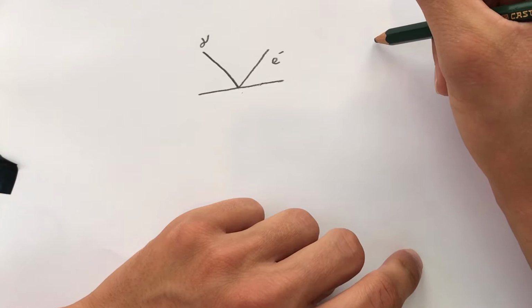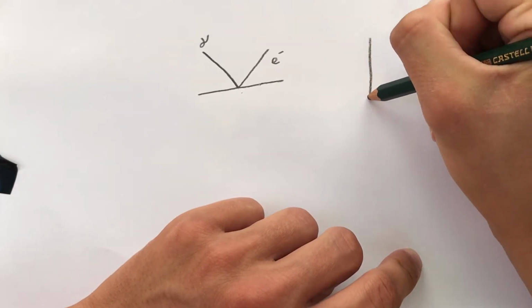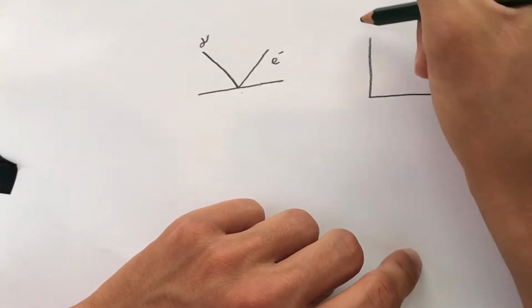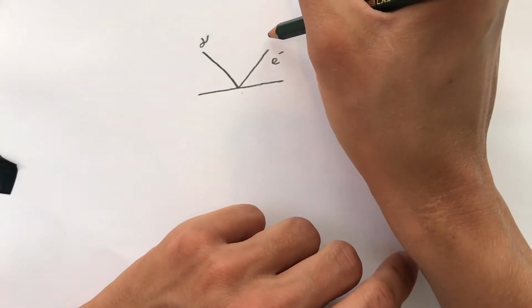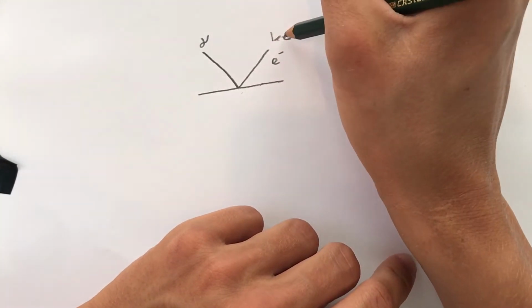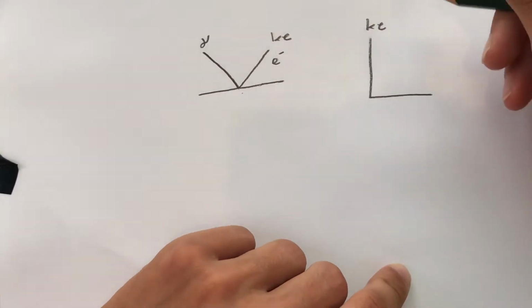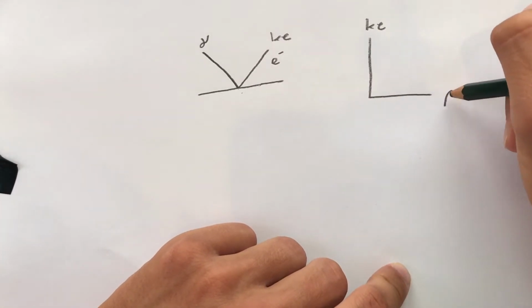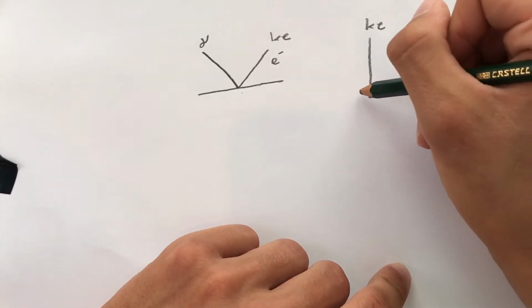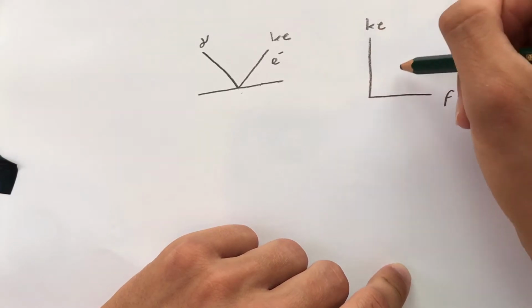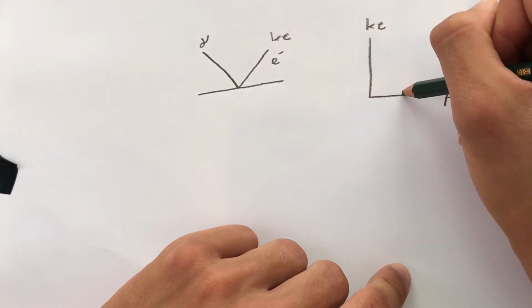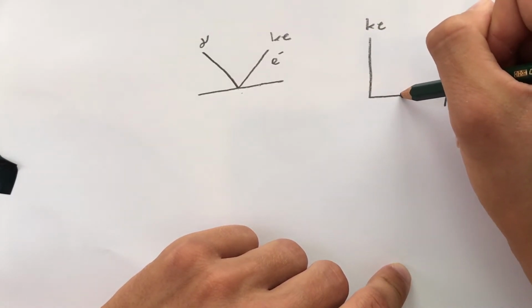So if you plot the kinetic energy and frequency on a graph, it will look like this. So this is the kinetic energy, the energy that the electron has after leaving the metal. And this is the frequency. So you will only get electrons to leave if you have a certain frequency.